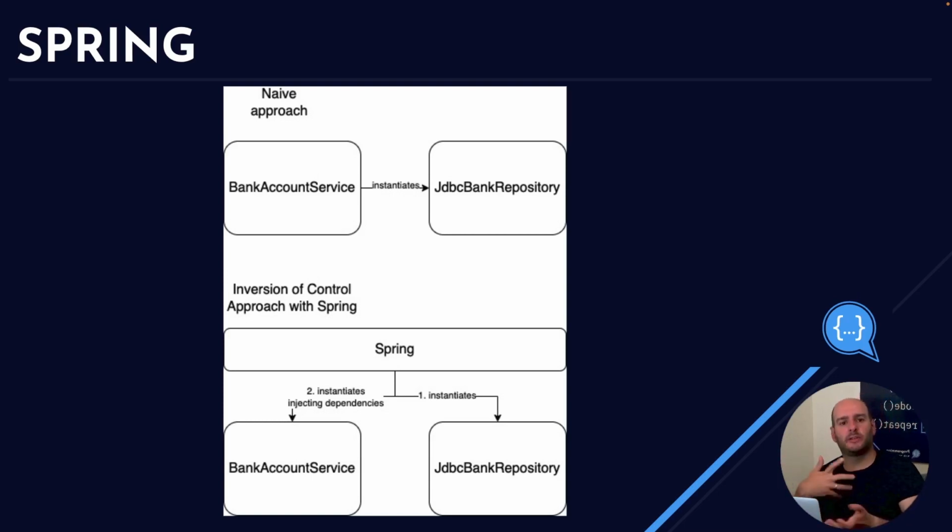So in Spring, we usually talk about the Spring context, where we have all our objects, our components, which in Spring are also called beans. So if you hear about beans in the context of Spring, what we are talking about are these objects that are components of our application, and they need to be injected into other objects.